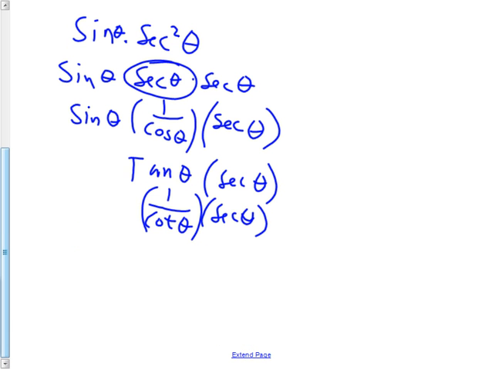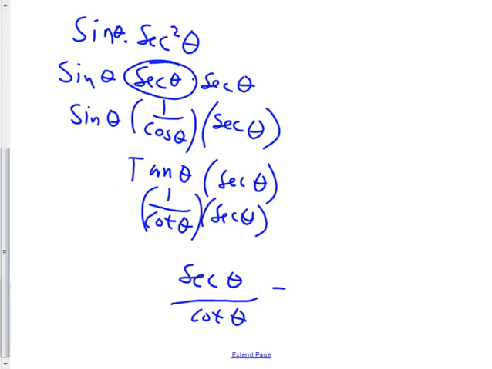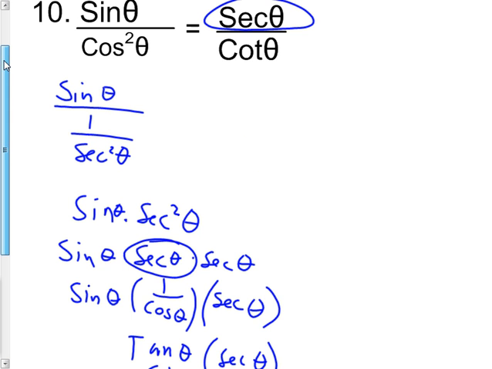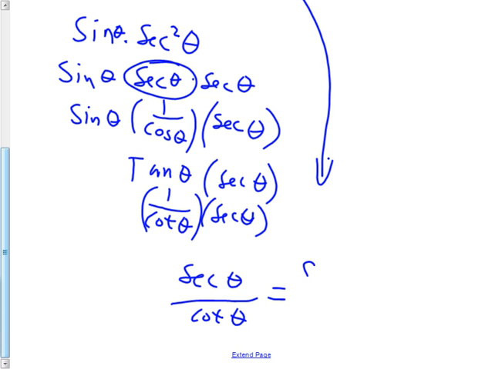And that's it. Because that is secant theta over cotangent. And that's what I wanted it to be. Secant over cotangent. So I say equals, bring that other side down. Secant over cotangent.